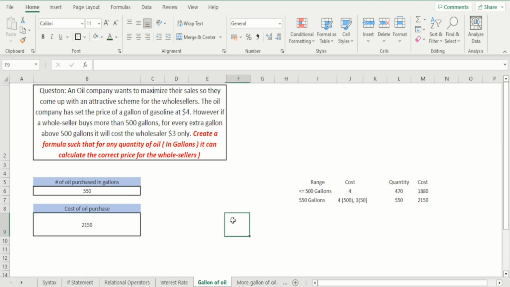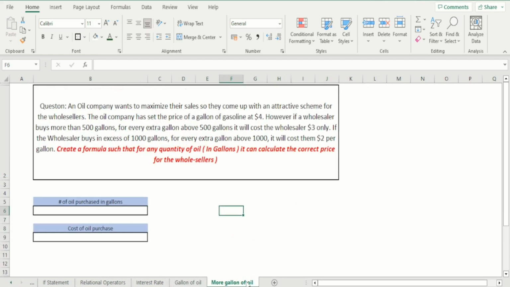Okay, so we've covered a lot about the if function or the if statement, but that's not it. There's something even more important and powerful about the if function that we should definitely keep in mind. So we'll only get introduced to this idea today, and that is something known as a nested if.